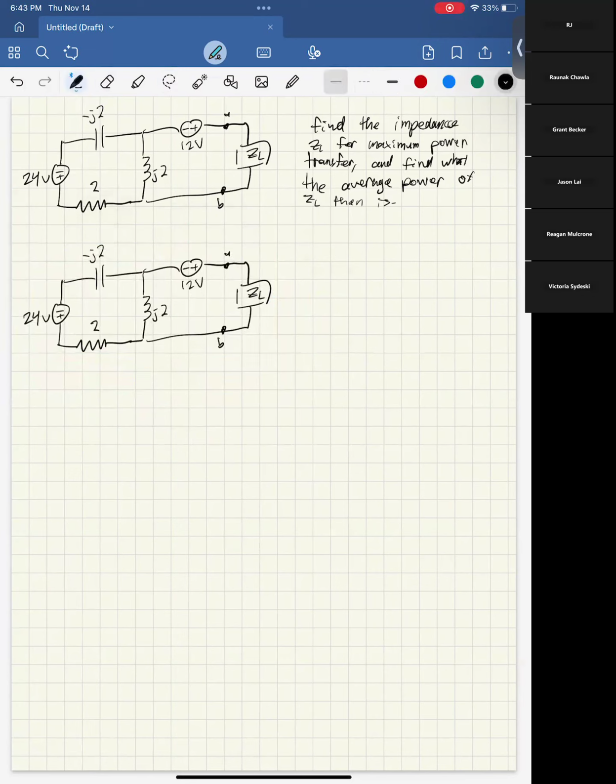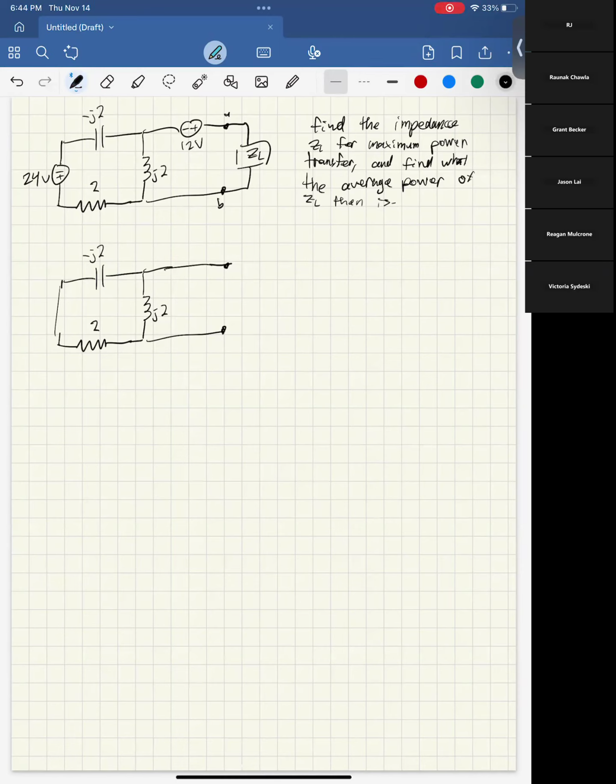That means our voltage sources are eliminated and our terminals now become open. So I'll just erase these. And now we just want to find the equivalent impedance of this circuit.